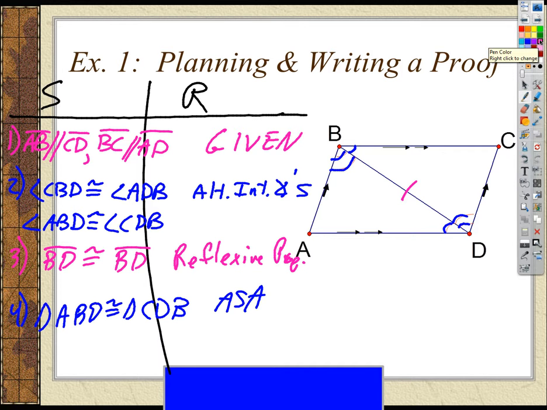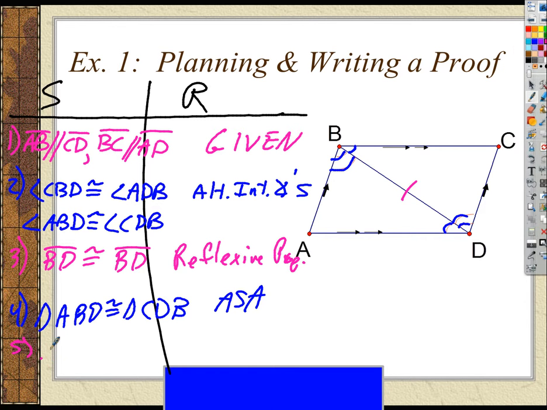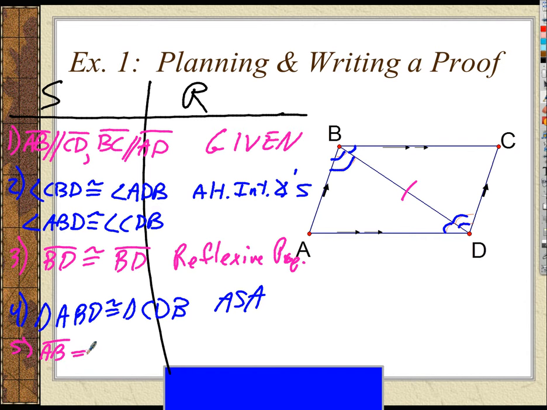You're gonna have some triangle congruence, and then the very next step is CPCTC. Right? So the last thing is what we're trying to prove. That was AB. So the very last step you can see down here. Side AB is congruent to side CD.